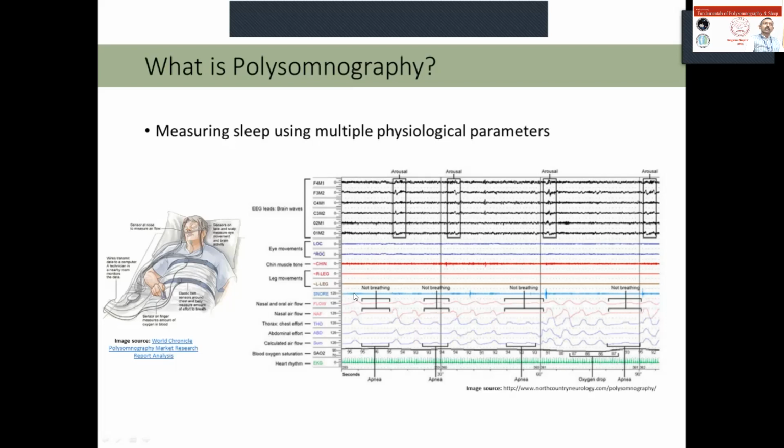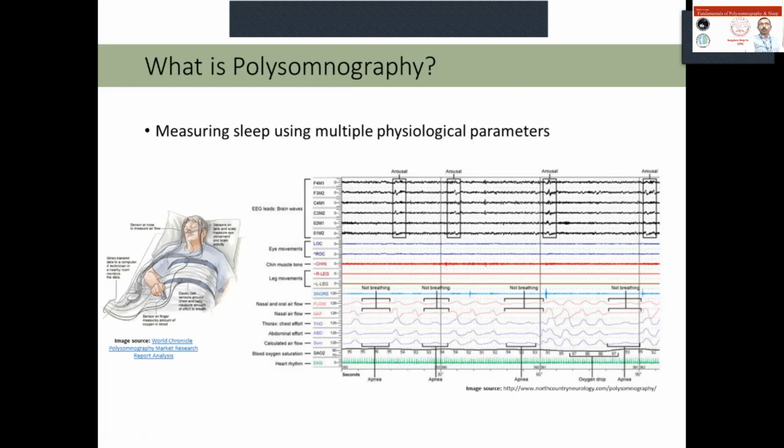Then you can also measure respiratory parameters like the amount of snoring using a microphone or a vibration sensor. Then you can use pressure or temperature based measurement of nasal and oral airflow to measure whether breathing is stopping, or is it the same through nose and mouth.